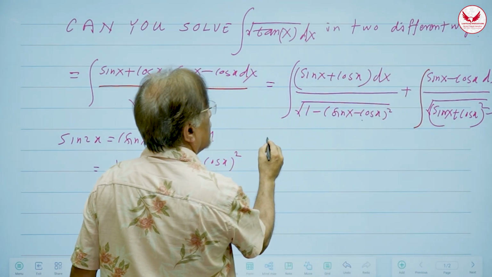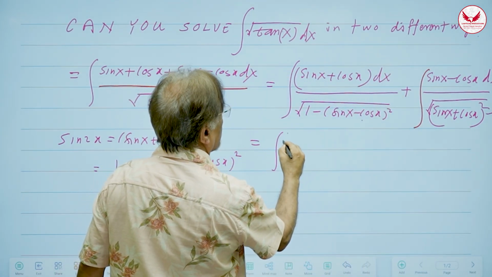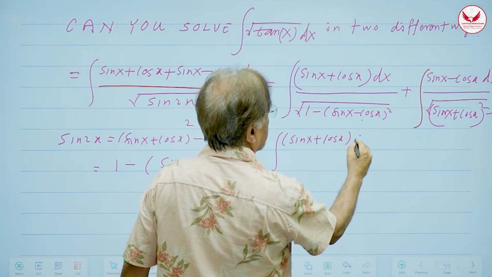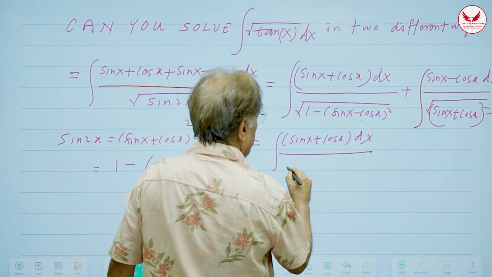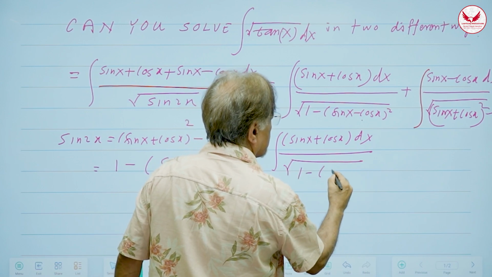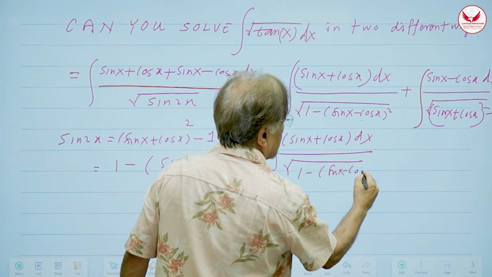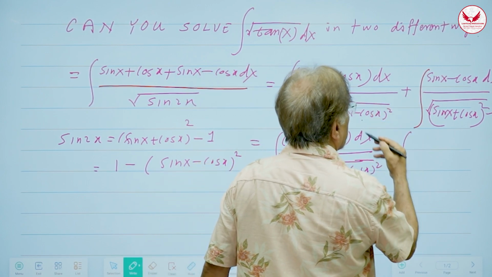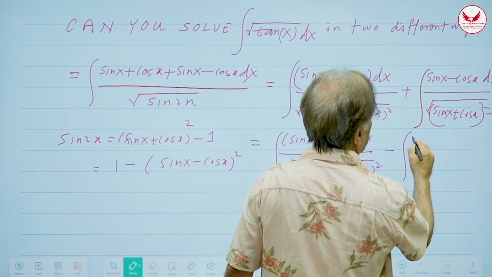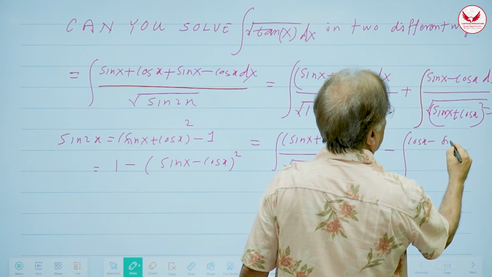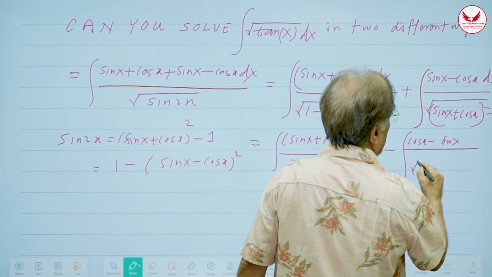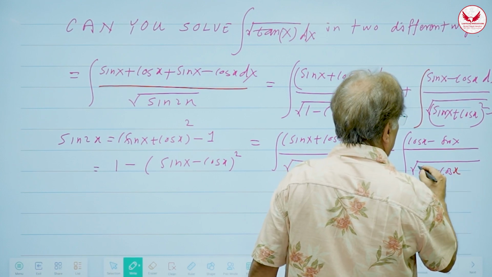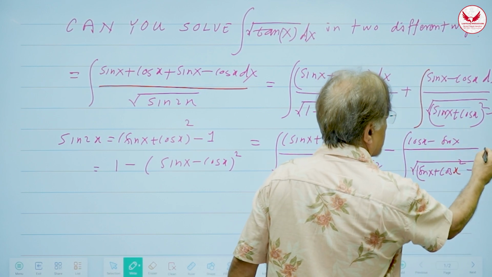That can be adjusted. But that doesn't make any problem at all, because this will become now (sin x plus cos x) dx divided by under root 1 minus (sin x minus cos x) bracket square, and this plus sign I want to make it minus, and this I will interchange. Cos x minus sin x divided by under root (sin x plus cos x) bracket square minus 1 dx.